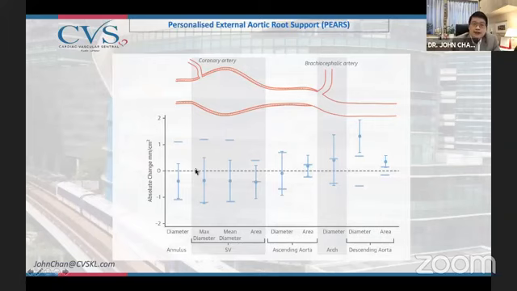You can see that this graph on the vertical axis shows the change in the diameter of the aorta. This zero here is the size of the aorta at the time of the procedure. And you can see at follow-up, the size of the aorta has actually got smaller. It is below this dashed line for the part of the aorta in which we had wrapped the mesh around.